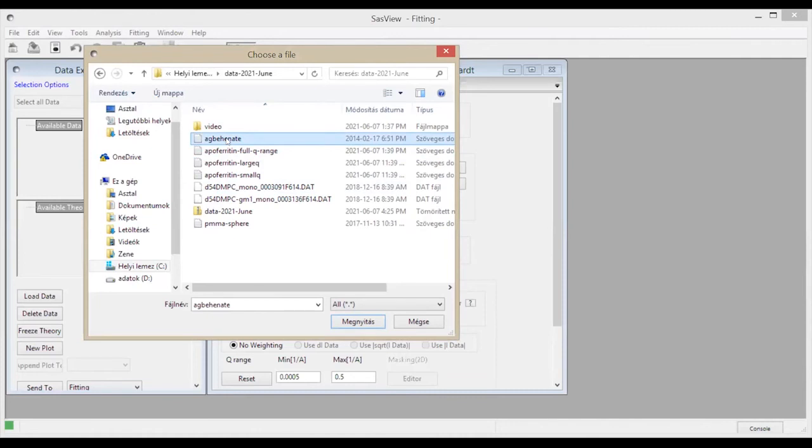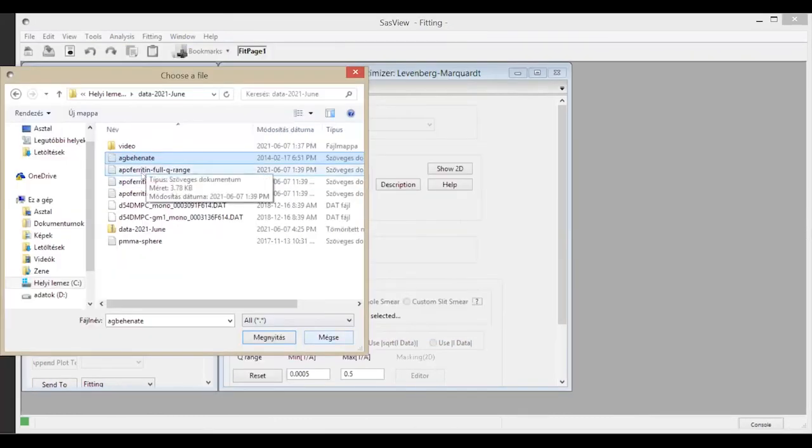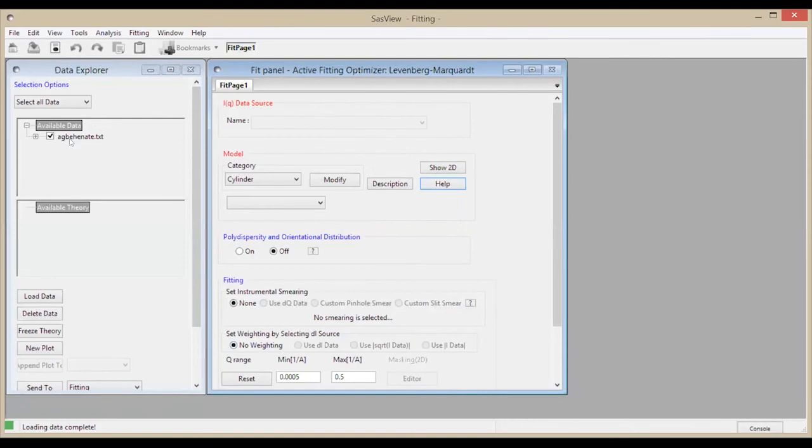So the first thing will be very familiar. I shall open this file which is called Ag behenate, which means silver behenate. So this silver behenate is a text file.